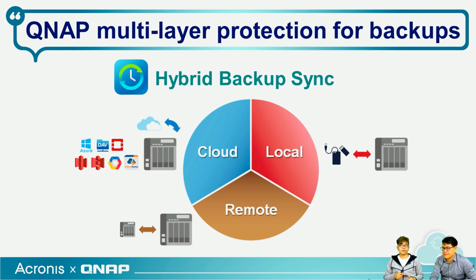Because we provide you high speed, multiple interfaces, and multiple protections. And we have our own data protection inside our NAS that can give your Acronis backup files more protection inside our NAS. So that is why we provide you the combination of the two products.